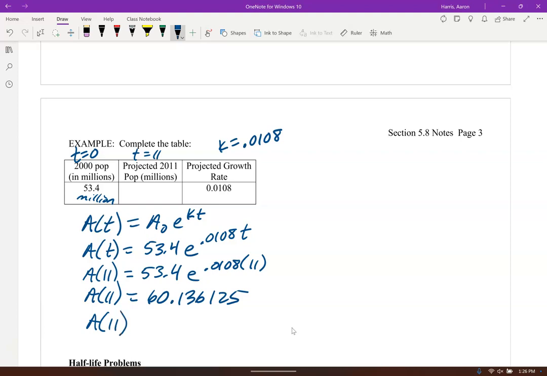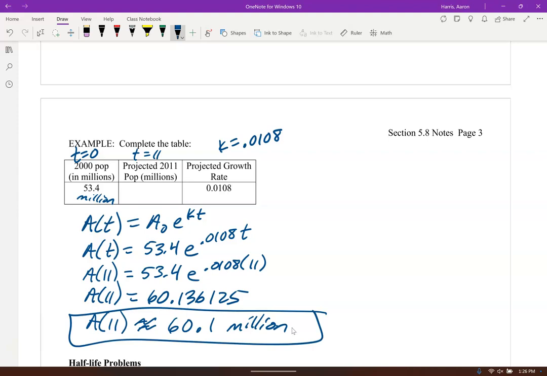So in the year 2011, let's say we round it to the nearest tenth, 60.1 million people in 2011. That's what that's saying, right?